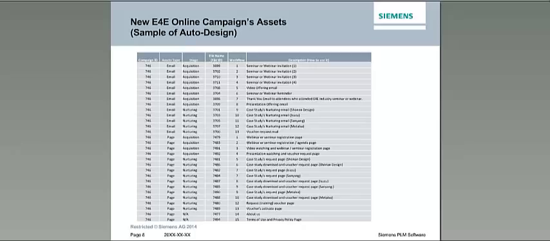It's just an overview to see the number of 13 emails and 15 pages for every campaign we have available and set up. And like Jurgen already explained, all these assets, you don't have to do anything about creating or setting up, because this is part of the service box.